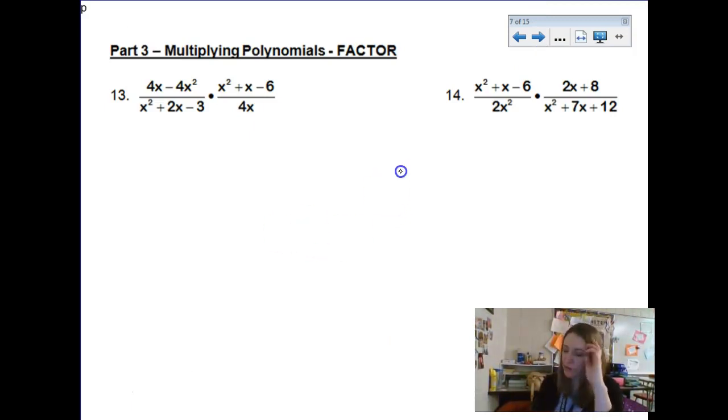Now when we get to number 13, it's very different because we don't have monomials, we have polynomials this time. So we have to first put parentheses around everything and then realize, and this is a monomial down here, but we'll worry about that in a minute, we have some factorization we have to worry about. So let's factor everything and then we'll see all the pieces that we're working with. 4x minus 4x squared.